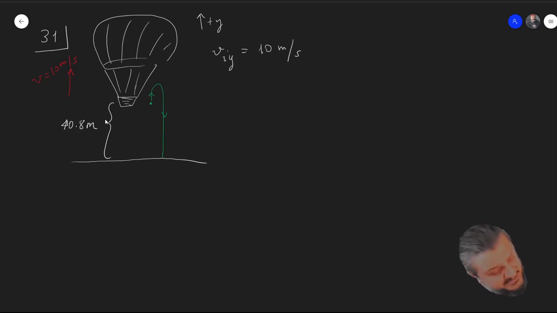Ignoring air resistance, what is the bag's speed, the object speed, when it hits the ground? So this is v_iy. Okay, let me use blue here. The final velocity will be, of course, pointing downward, v final y, v_fy. So what is v_fy? Okay, that's the question.